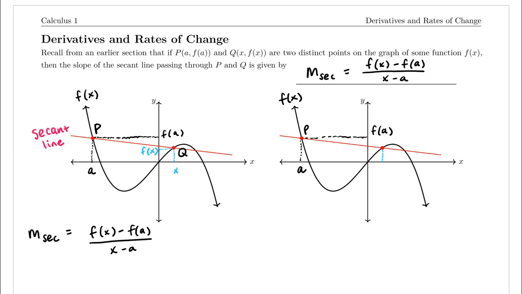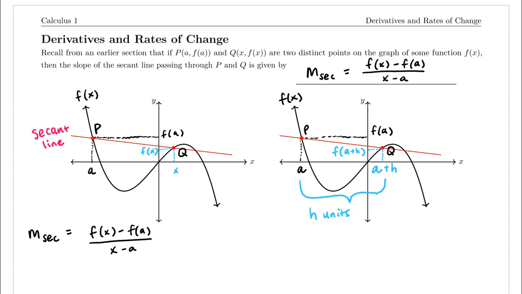Suppose that I would like the horizontal distance between my two ordered pairs P and Q to be h units, where h is just some arbitrary distance. And so if I'm starting at a and I need to travel a distance of h units, then this next x-coordinate must be a plus h. And remember here, this is the point Q, and the y-coordinate of that ordered pair would need to be f of a plus h.